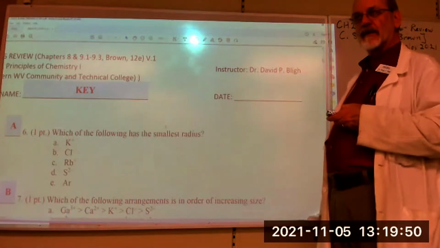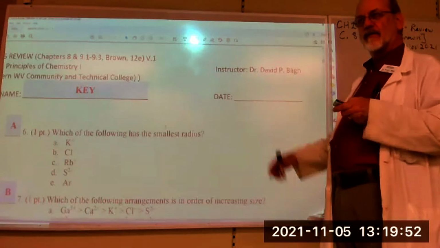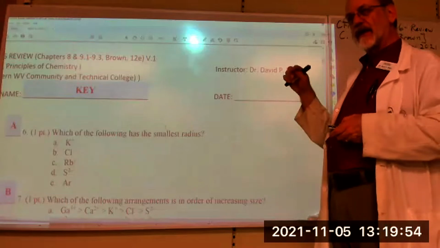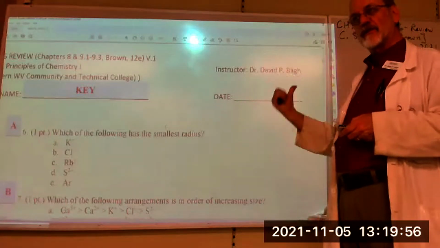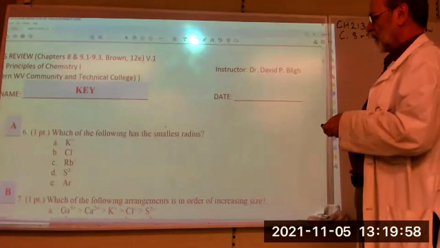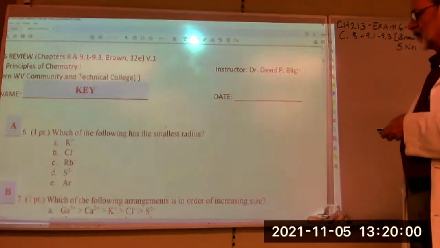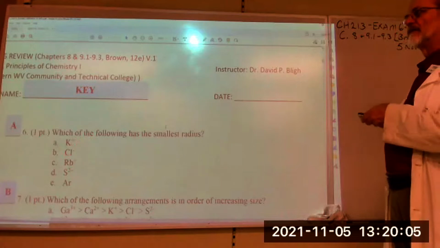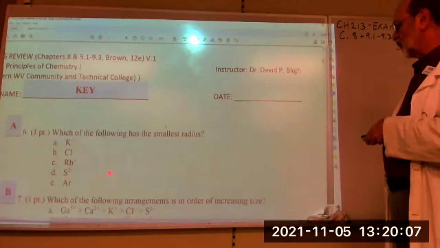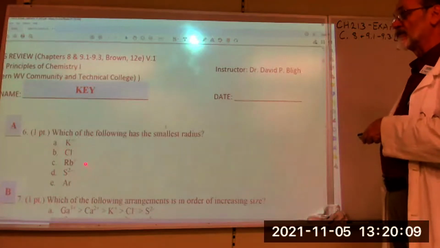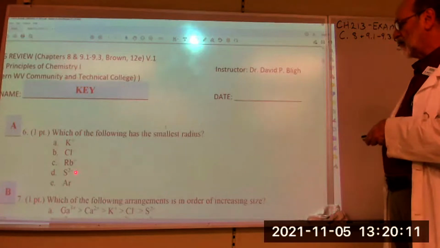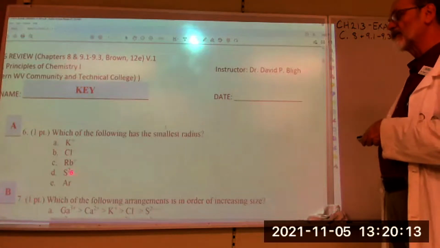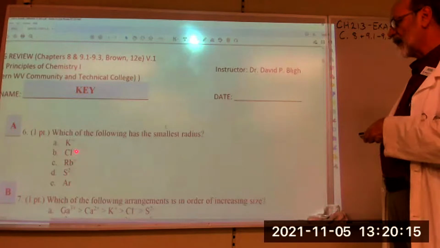Upper right, correct? The radius increases going down and to the left, or decreases to the right. So the smallest radius would be upper right if it were pure. And if these were neutral, upper right would be sulfur, chlorine's to the right.